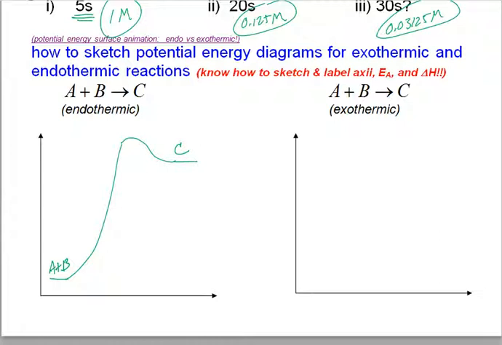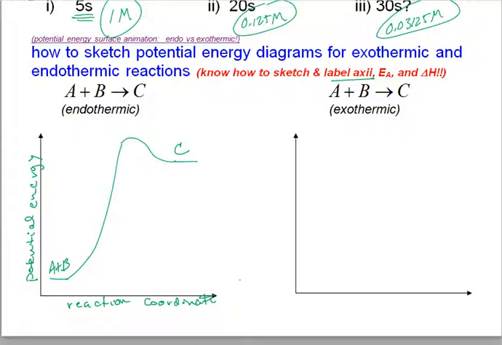And we need to label the axis. So this is potential energy. And the book wants you to call the x-axis reaction coordinate. Now, I don't like that word, it's not very visual. Reaction progress is better, or time maybe even, but that's fine.